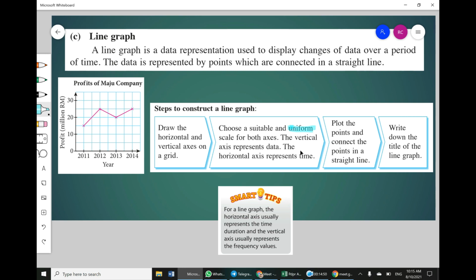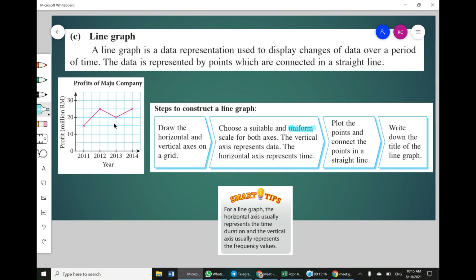Okay. After you have drawn and chosen the suitable uniform scale, then you have to label the axis. So the horizontal axis here is labeled with the year. And then the vertical axis is the profit with the unit in million RM. Okay. After that, you plot the points and connect the points in a straight line.